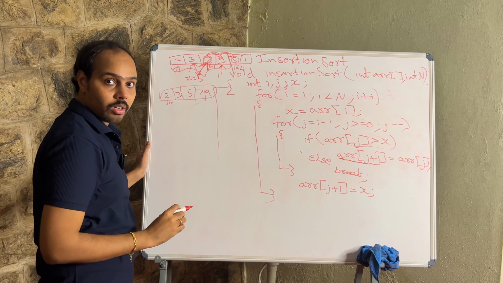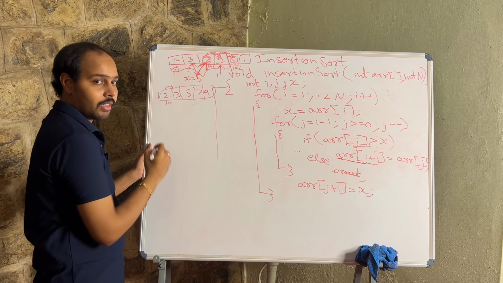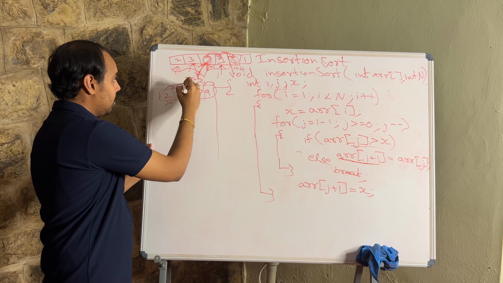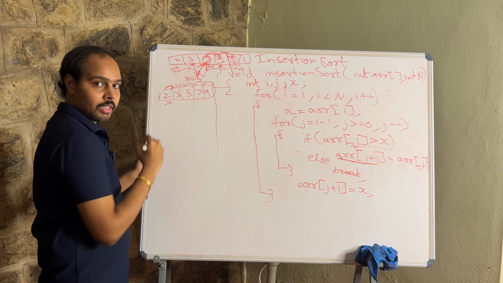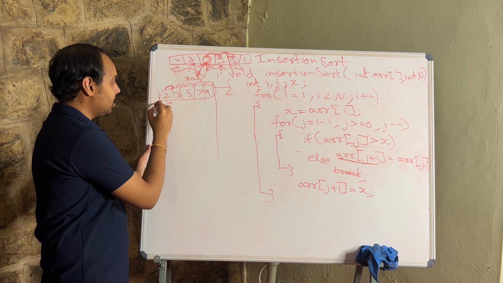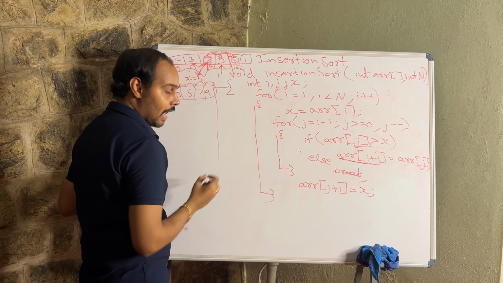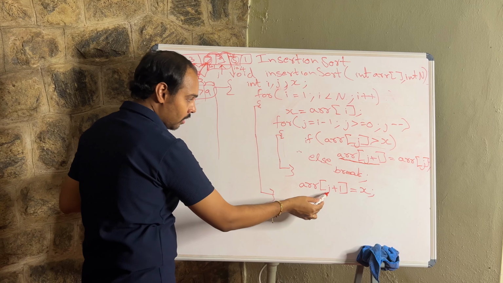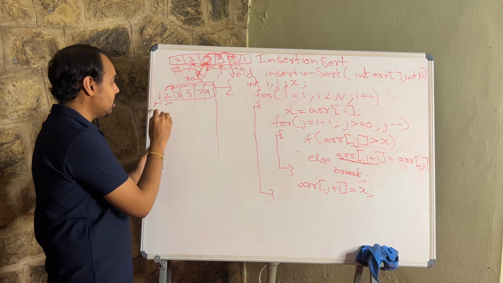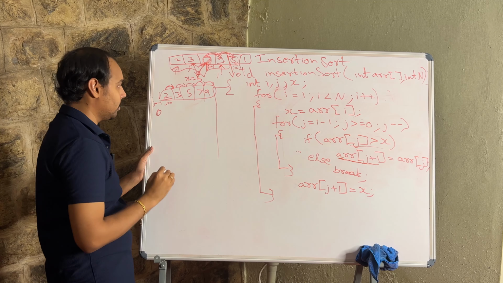That time also 2 is larger, so 2 will be copied here. As we copied all these elements here, 2 will also be copied in the same way to here, and j becomes minus 1, and it will come out of this loop. So that time j is minus 1, so we insert the element in j plus 1, which is 0, the 0th position.